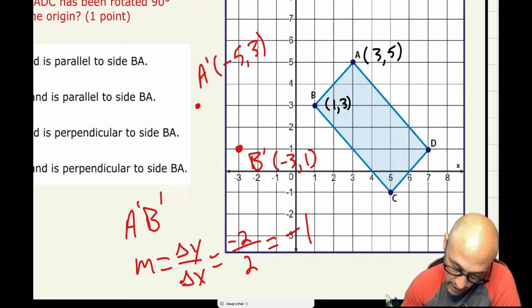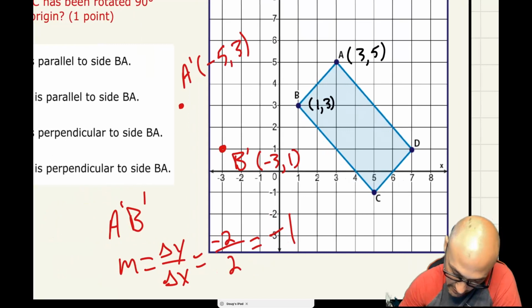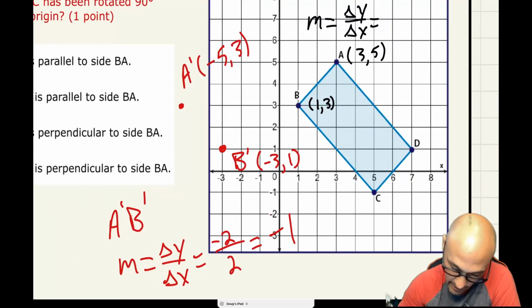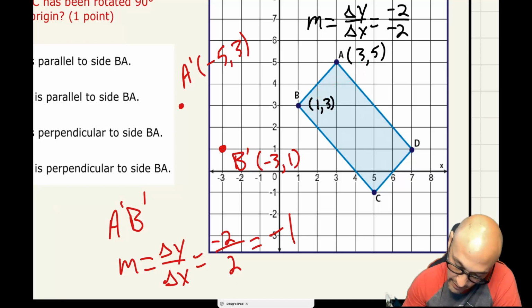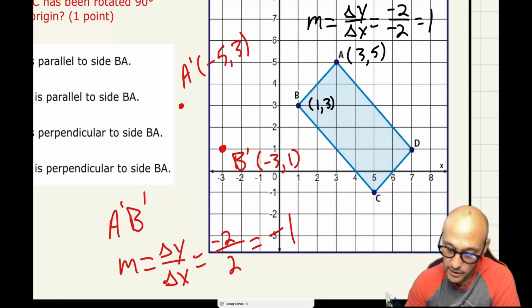Similarly, let's remind ourselves that slope is equal to delta y over delta x. If we go from the y here to the y there, we subtract 2. And if we go from the x here to the x there, we subtract 2. -2 divided by -2 is +1.